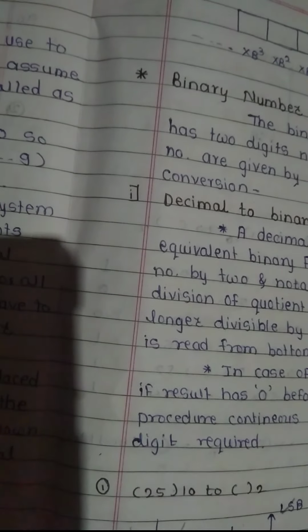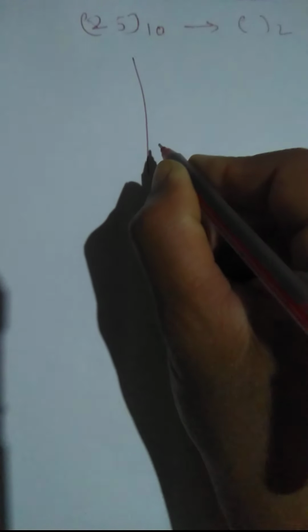First, in conversion, let us convert 25 into binary. So 25 is a decimal number, and the base of the decimal number system is 10.